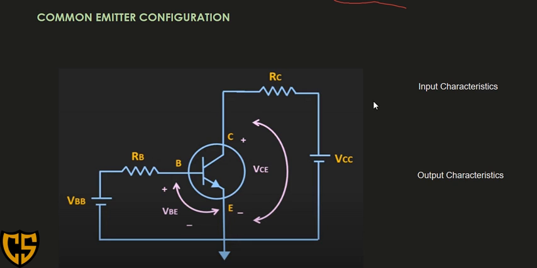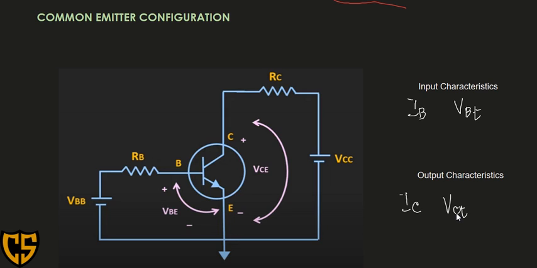For our input side, of course, we have our base current or IB, and we have our voltage across the base to our emitter, which is VBE. And then for the output parameters or characteristics, we have our current IC or our collector current and our VCE, or the voltage across our collector and emitter.